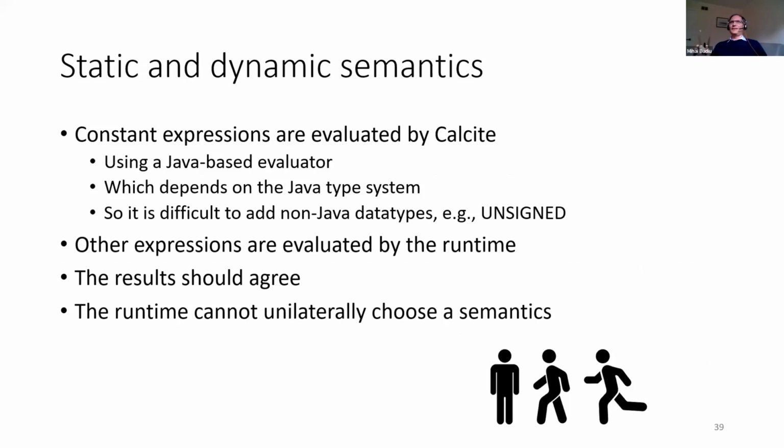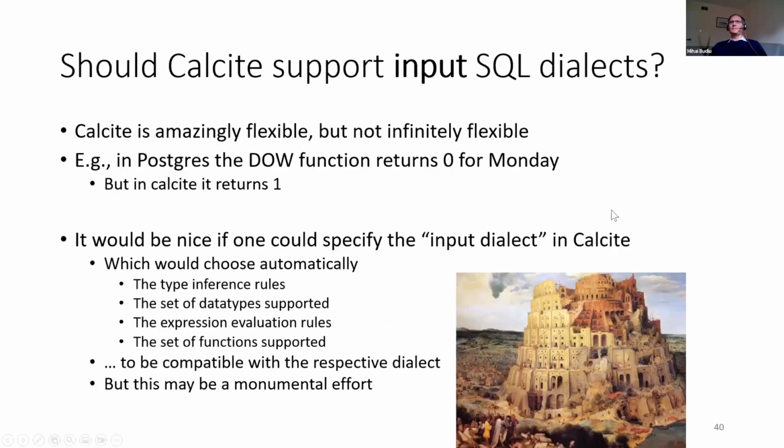Let Calcite just give you the plan, and you can decide at runtime if division by 0 is an exception or null. Unfortunately, if the expression is constant, Calcite will decide at compile time. So the compile time evaluation of an expression has to give the same result as the runtime evaluation of the same expression. So you don't have full freedom in the runtime to choose the semantics of SQL. It has to agree with what the compiler has said.